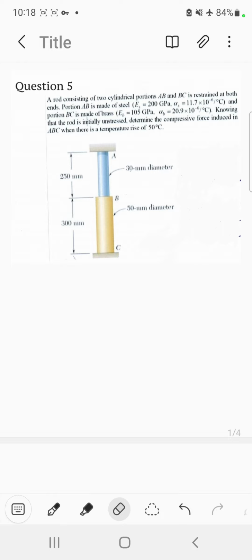The question says a rod consisting of two cylindrical portions, AB and BC, is restrained at both ends. Portion AB is made of steel, and it has E_S equal to 200 gigapascal and alpha_S equal to 11.7 times 10 to the power minus 6 per degree C, and portion BC is made of brass.